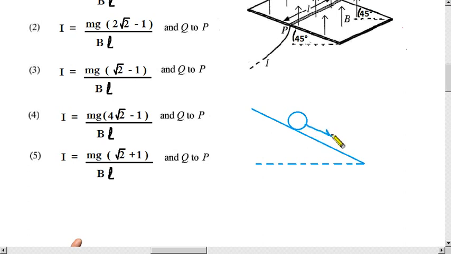Already mg sin theta is there downwards along the plane.